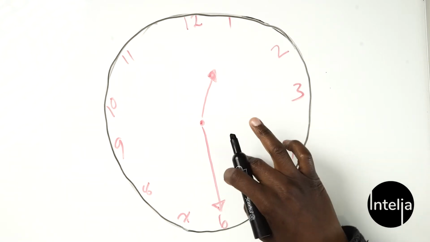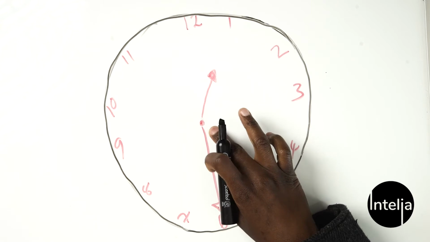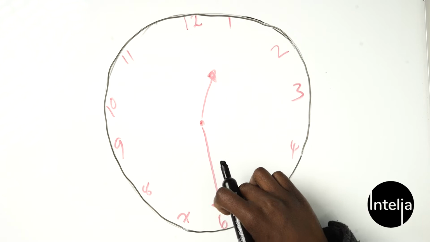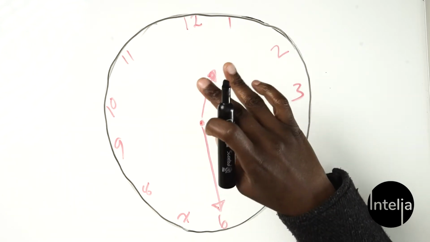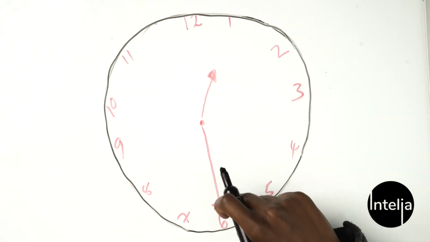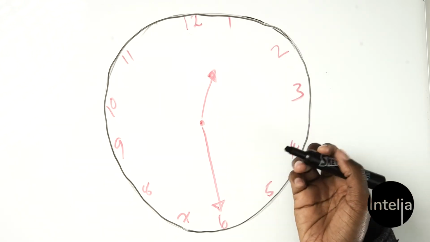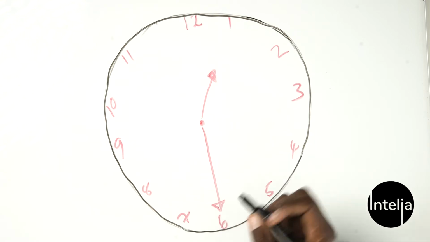Here, you see our minute hand is pointing at 6, and the hour hand is pointing at 1. So this means it's 1:30.